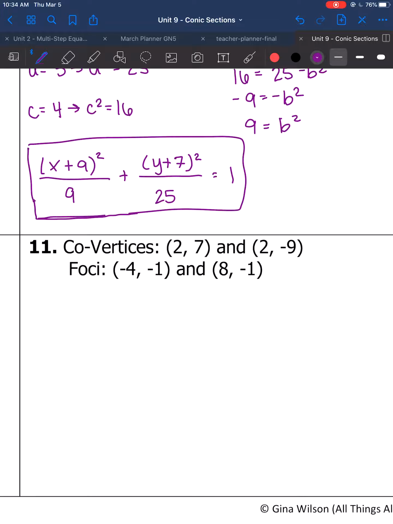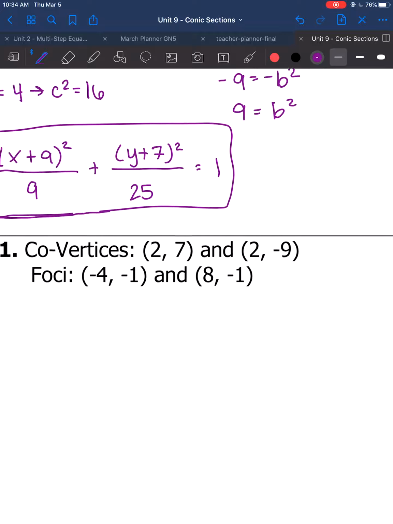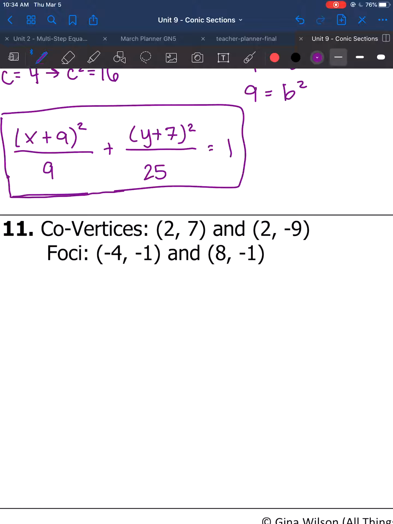But if I'm given co-vertices and foci, that's where it becomes fun. I have foci, so my foci y coordinates don't change. And my co-vertices x's don't change.